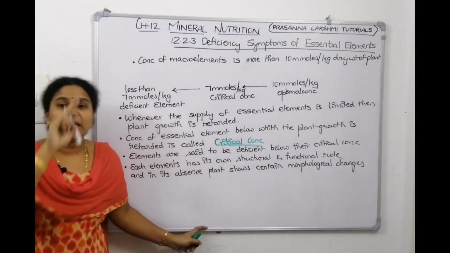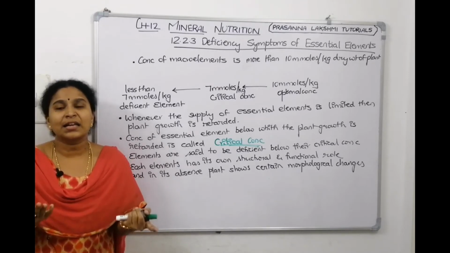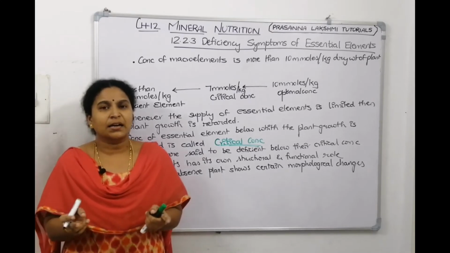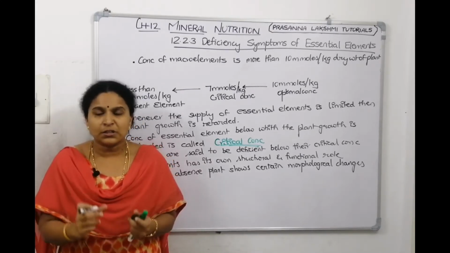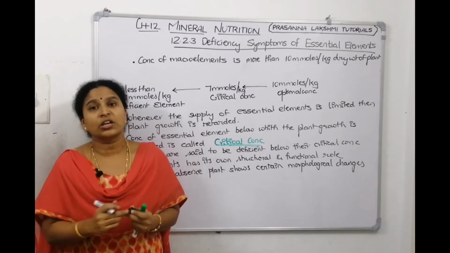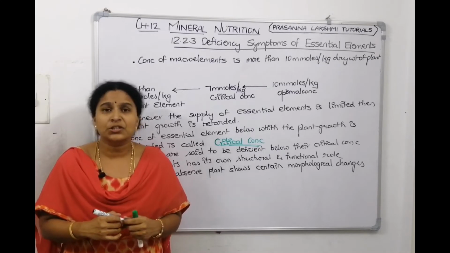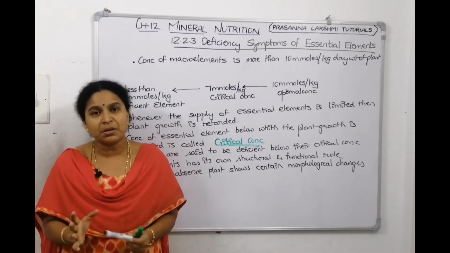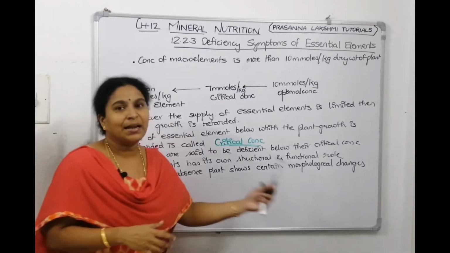Appearance changes, physical appearance changes. These morphological changes are nothing but deficiency symptoms. Root growth is retarded, stem growth is retarded, leaf size is retarded, photosynthesis is retarded, leaf color changed, the plant is about to die. All these are morphological changes, and they are the deficiency symptoms the plant will show in the absence of that element.